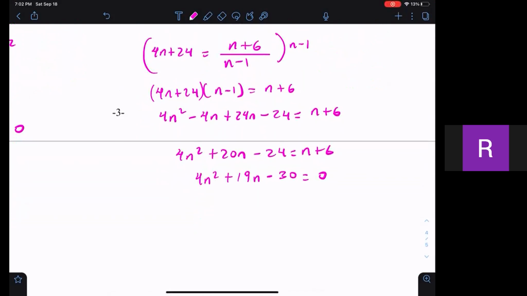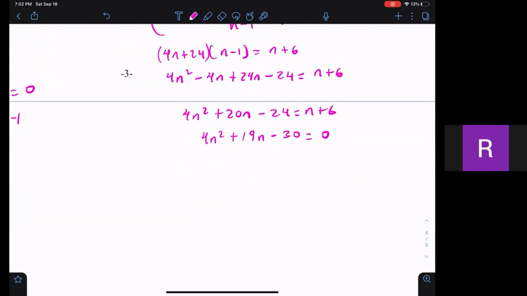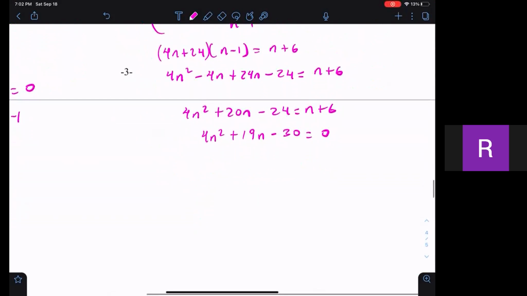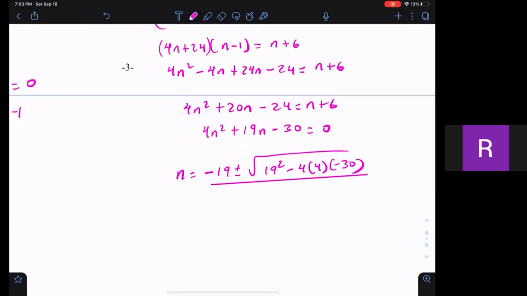Now, because the 19 is an ugly number, don't do the AC method, do the quadratic formula right away. So n equals negative b plus or minus the square root of b squared minus 4ac, over 2a. 2 times 4 is 8, right? Remember, this is a, this is b, and this is c, just in case you forgot. Quadratic formula is x equals negative b plus or minus the square root of b squared minus 4ac, over 2a.